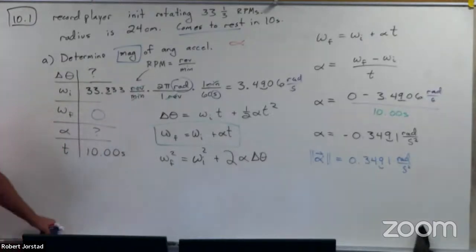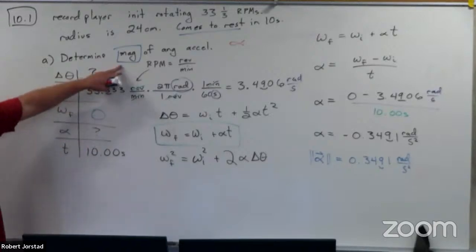Yes, that's a big one. Magnitude is a very important word to consider, because we could do it different ways, right? You could say clockwise is positive, or someone else might say counterclockwise is positive. So one person will get a positive answer, one person will get a negative answer.